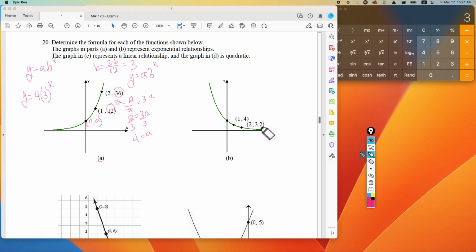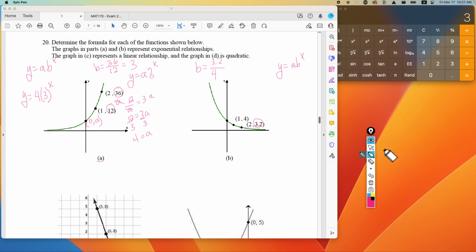We'll follow a similar procedure over here. Again, we take the second one, 3.2, and again our equation is going to be y equals a b to the x. B is going to be equal to 3.2 divided by 4.